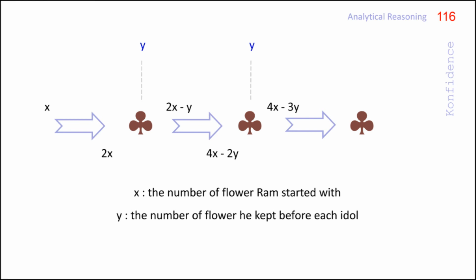Now he is left with 4x minus 3y flowers. It doubles in the next gateway to 8x minus 6y flowers. He gives y flowers again to the idol. Therefore, mathematically, he is left with 8x minus 7y flowers. But in reality, he has none left.